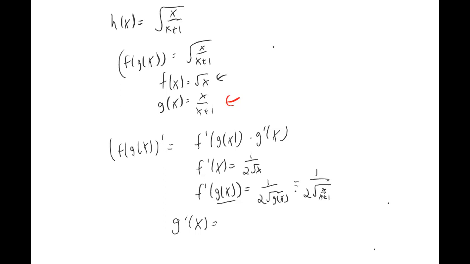So here it's quotient rule: x plus 1 squared in the denominator, and the derivative of x is 1. So x plus 1 minus x. So this is just 1 over x plus 1 squared. So your final answer is this. You could simplify it if you like, but this is the answer.